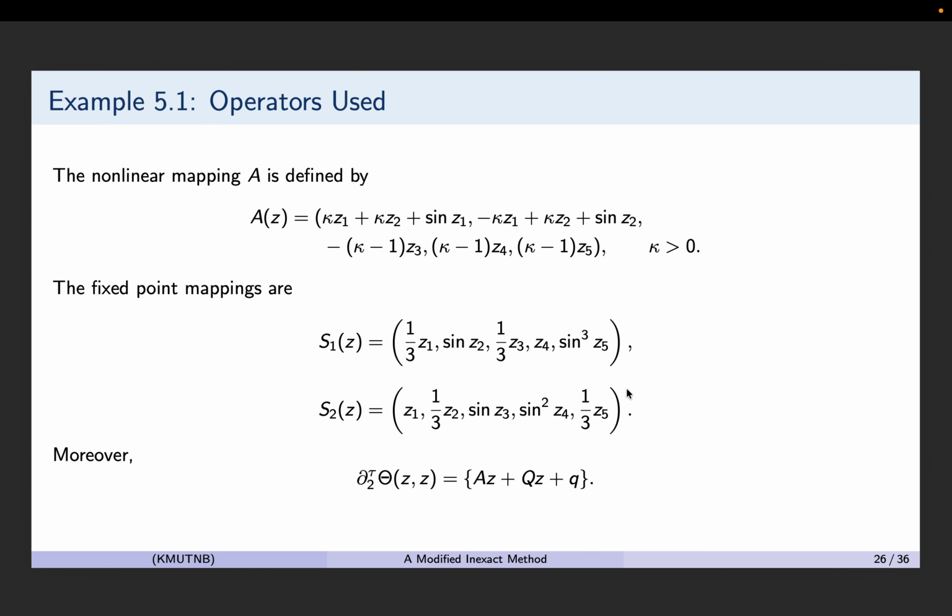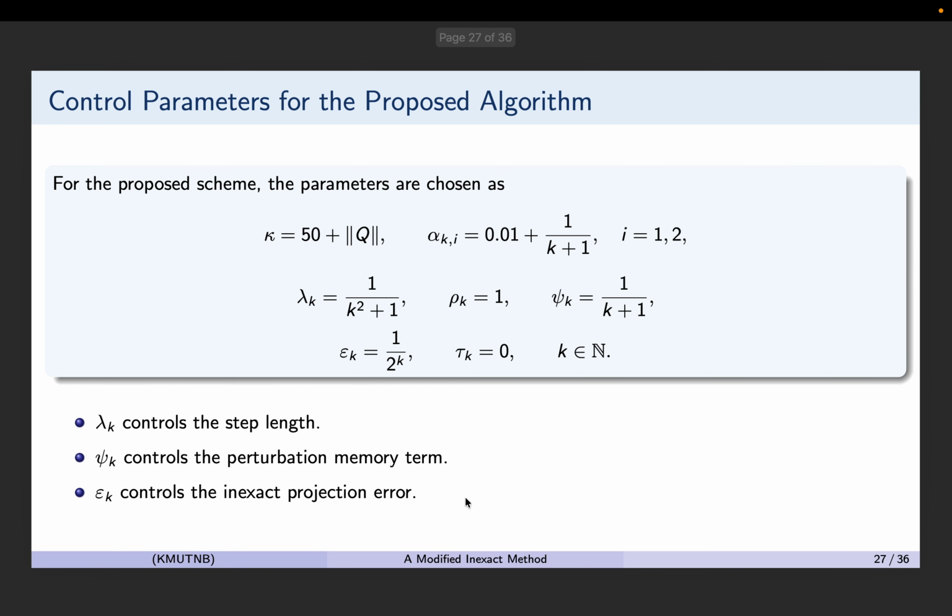So here we define the underlying operator A to be this, and for the demi-contractive fixed point mappings, we use two, S1 and S2, given by this, and we also define this one to be like this. And we consider the following control parameters for the proposed algorithm. We can see these control parameters satisfy all the conditions we impose for the convergence theorem.